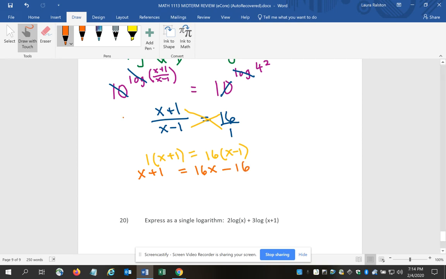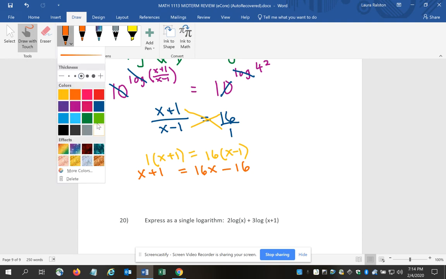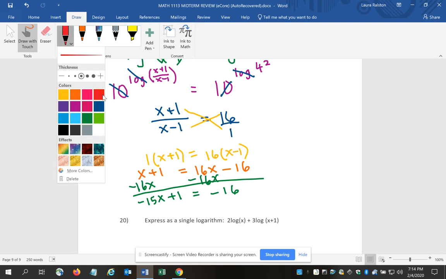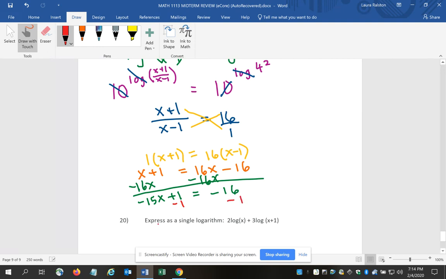I distributed. Then I'm going to collect all of the x's together and all of the numbers together. So if I subtract 16x from either side, I have negative 15x plus 1 equals negative 16. Then I need to subtract 1 from either side.